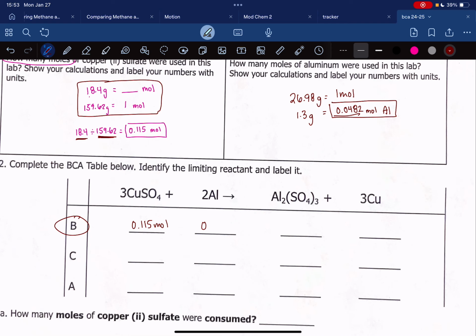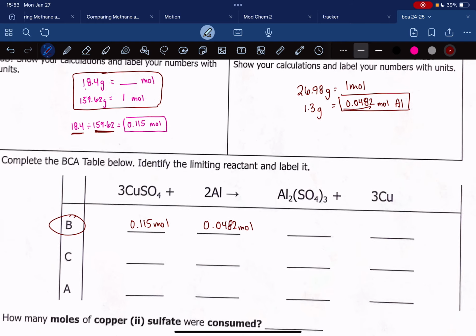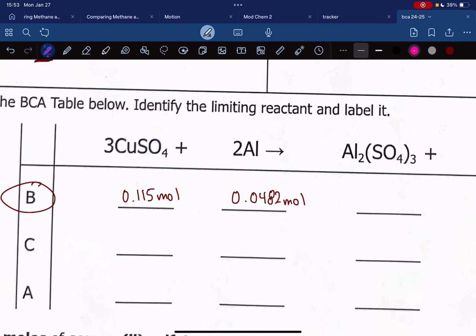And I'm also starting with 0.0482 moles of aluminum. My next step is I need to decide what my limiting reactant is. So to easily figure out what my limiting reactant is, I'm going to take this number, my quantity of copper sulfate, and divide it by 3. And I'm going to take this number, my quantity of aluminum, and I'm going to divide it by 2.